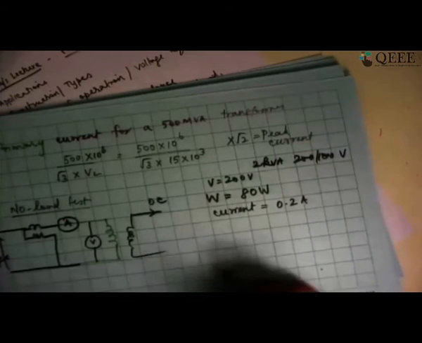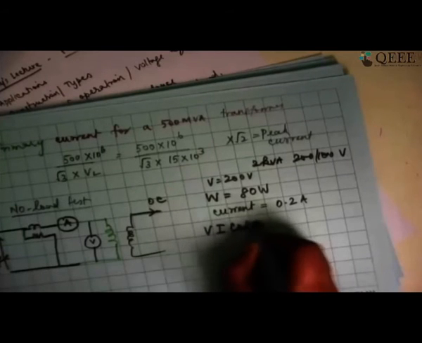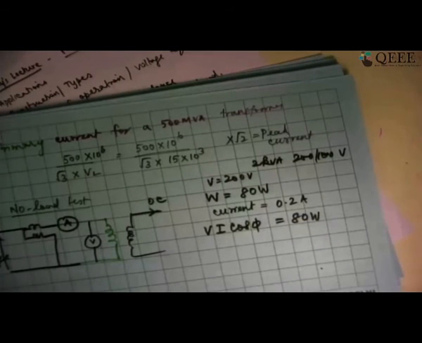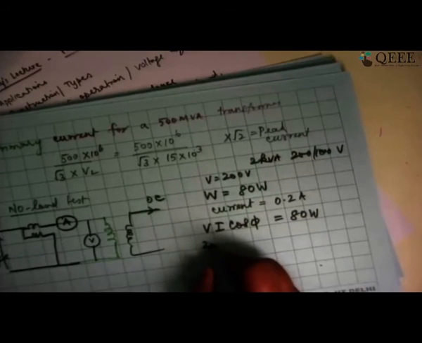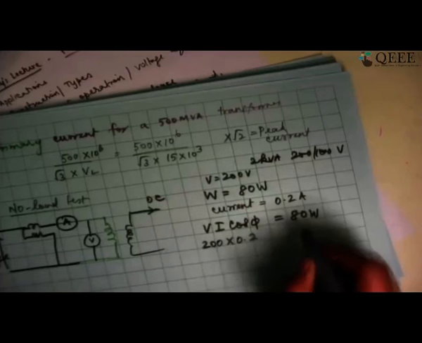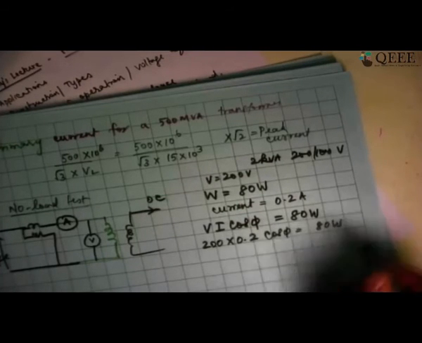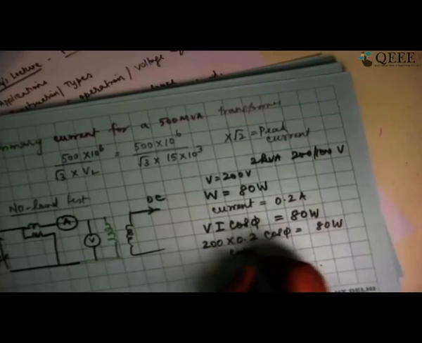In which case, I can say VI cos phi is equal to 80 watts, right? So I have to write 200 multiplied by 0.2 multiplied by cos phi equal to 80 watts. So I can calculate what is cos phi.